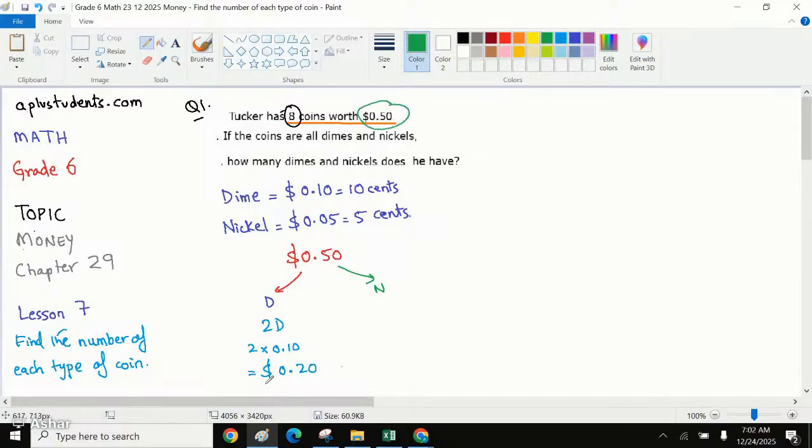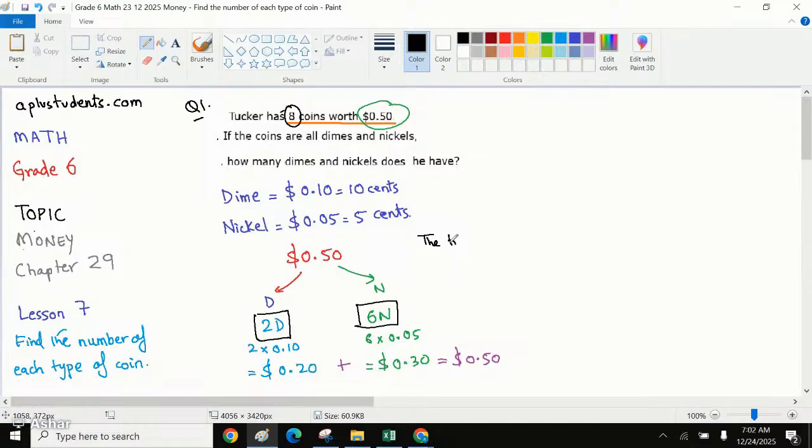If he has 2 dimes, then he should have 6 nickels remaining. That means 6 multiplied by 0.05, that means $0.30. So when we add these two numbers together, it should be equal to $0.50. That means in total the trucker has 2 dimes and 6 nickels.